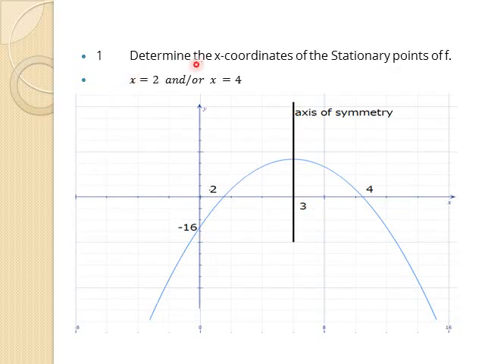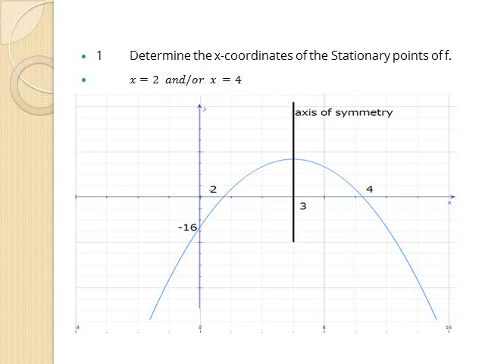Then, determine the x-coordinates of the stationary points. The x-intercepts of the parabola, 2 and 4, are also the x-coordinates of the stationary points. So x equals 2 or x equals 4.